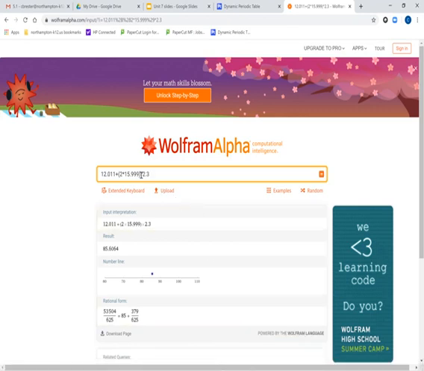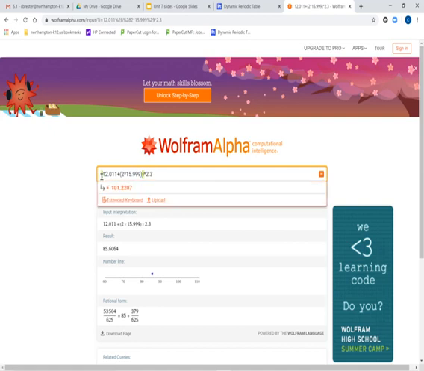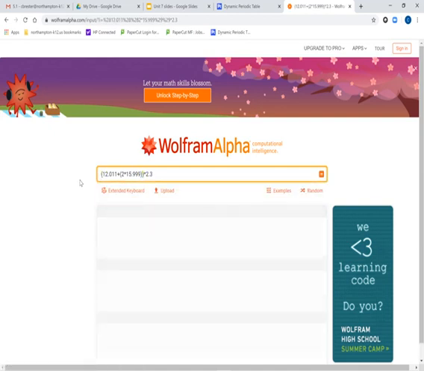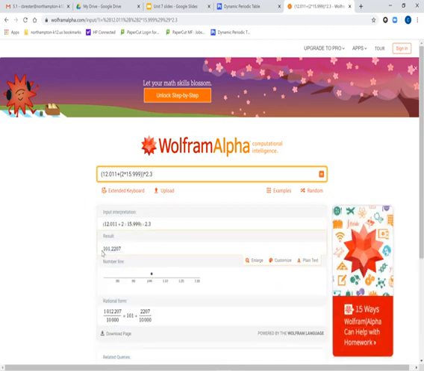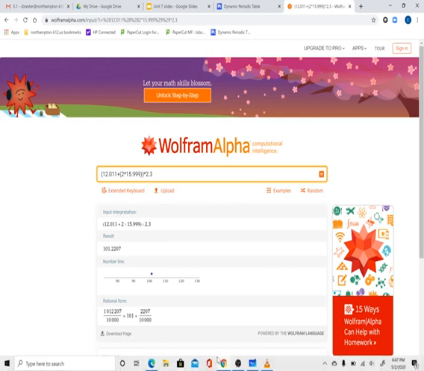Oh, nope. I messed up my parentheses. Yep, okay, double check your parentheses. I was wondering, because 2.3 times 44 should have been larger than 80 something.